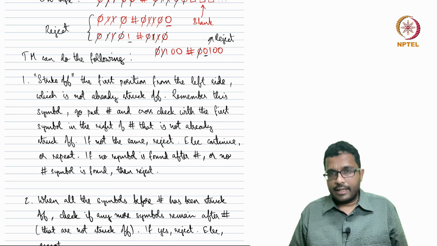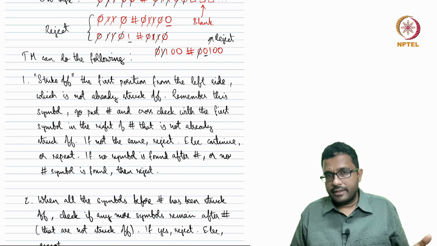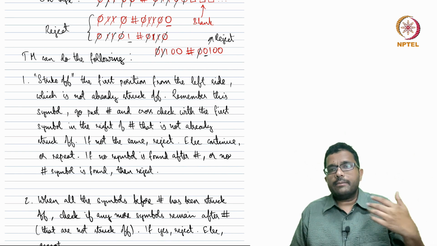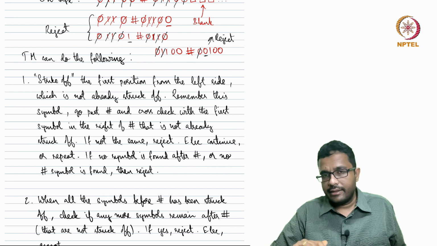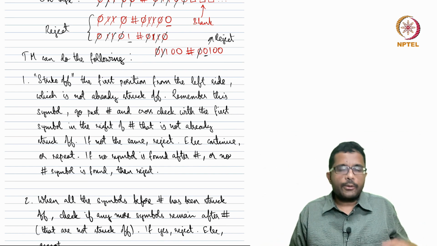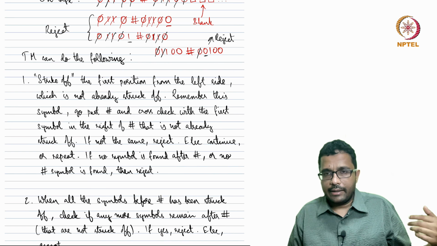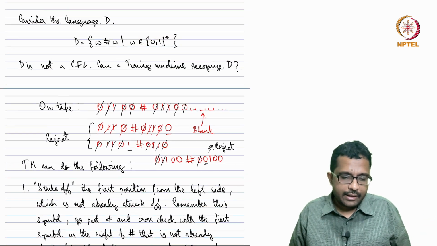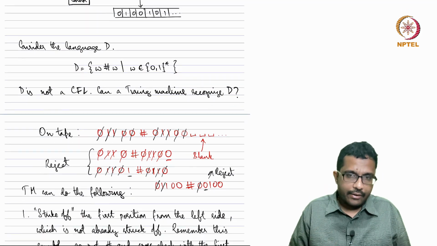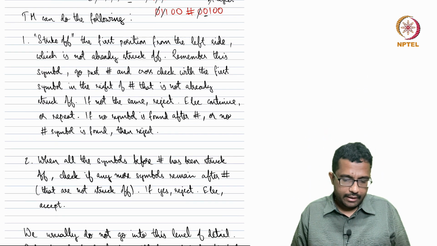If it is not the same, then reject, else it continues or repeats. Suppose it struck off something on the left, but there is no symbol on the right side, then it rejects. Suppose it strikes off something on the left, but there is no hash symbol at all. If there is not even a hash symbol, then it's not even of this form. Even then you reject.